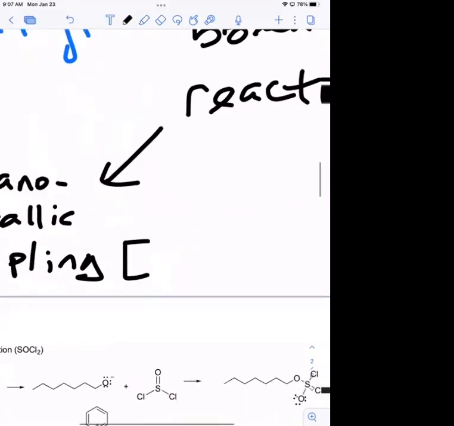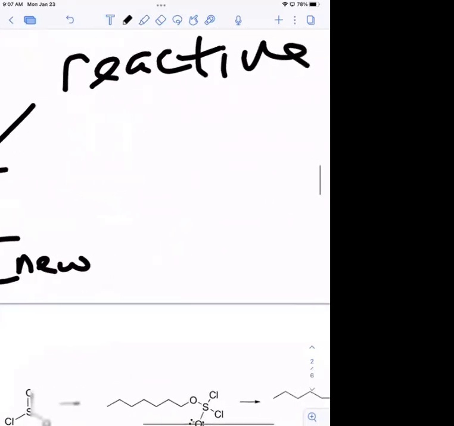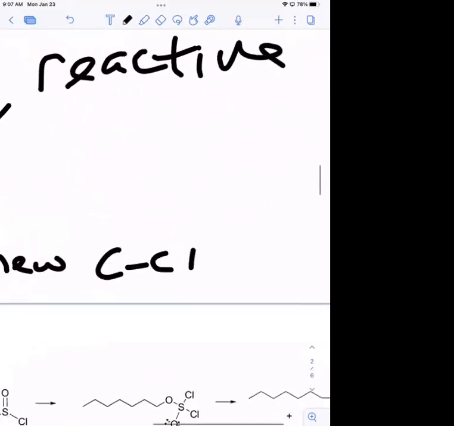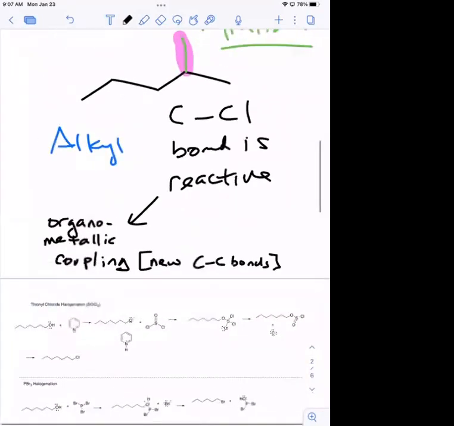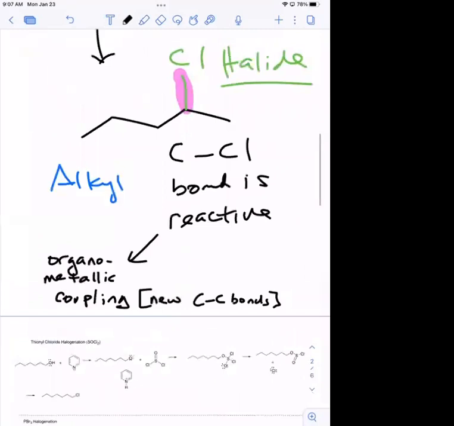Right, so when we do that coupling, we're going to make new CC bonds. I'm just going to put that here. Right, and that's all a consequence of that carbon-chlorine bond being reactive like that.